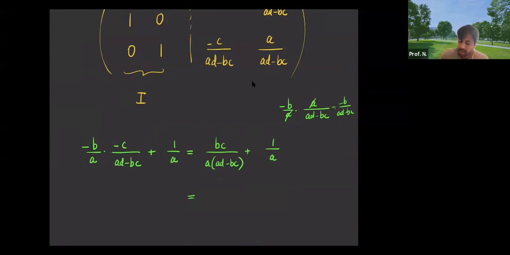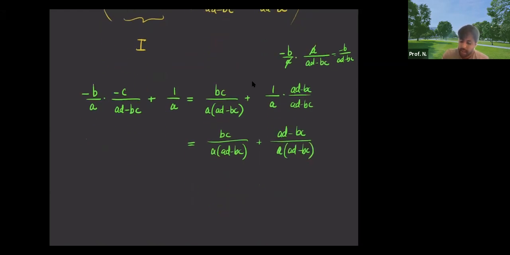I have to have the same denominator, so multiply the top and bottom by AD minus BC. So this becomes BC over A times AD minus BC plus AD minus BC all over A multiplied by AD minus BC. Same denominator, combined numerators. So BC plus AD minus BC. The BC's cancel, and I'm left with AD.